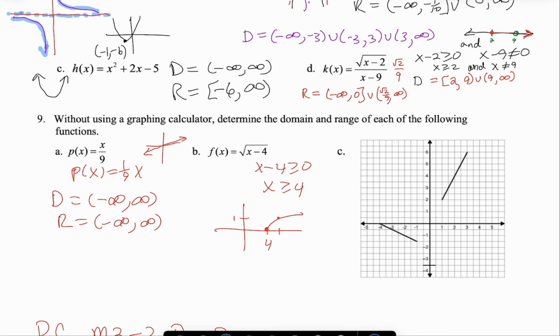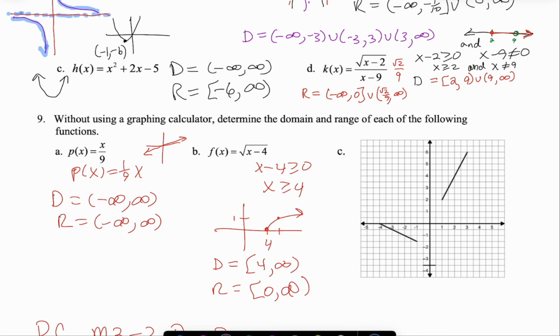So the graph looks something like that. So by knowing the graph and the information about square roots, we can say that our domain starts at 4 as our x, and it can keep going. We can plug in anything that's bigger than 4. The range is interesting. Our lowest point is a height of 0. Our highest point keeps going on and on, so you'd have infinity for that.